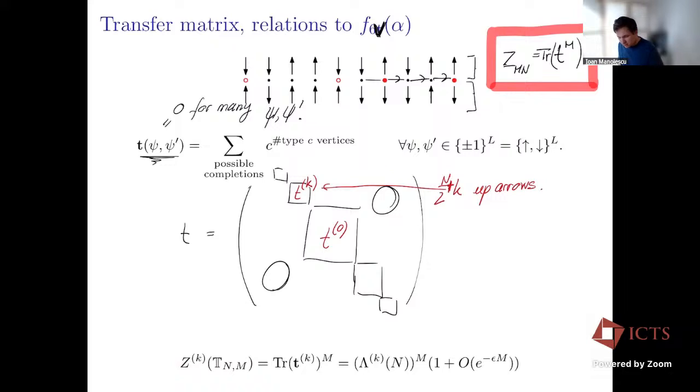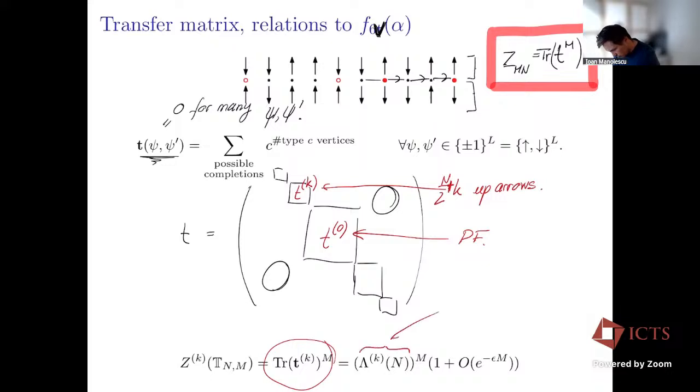And these blocks are all Perron-Frobenius matrices, meaning they have a leading eigenvalue that is unique and an eigenvector corresponding to that eigenvalue that has positive entries. So if you're computing the trace of the matrix to the power m, if you're diagonalizing it, for instance, you'll notice that the largest eigenvalue is going to be the thing that counts.